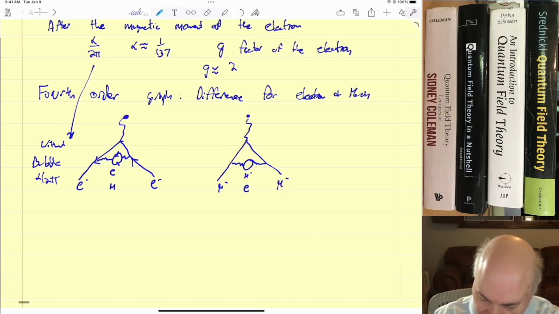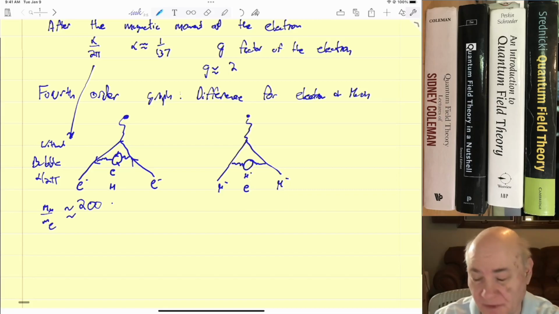Now it's different because the heavier the particle, the less the contribution, the less the correction. A muon is, I can't remember what it is. It's more than about 200 times an electron. I should know this. It's either like 135 or 200, something.